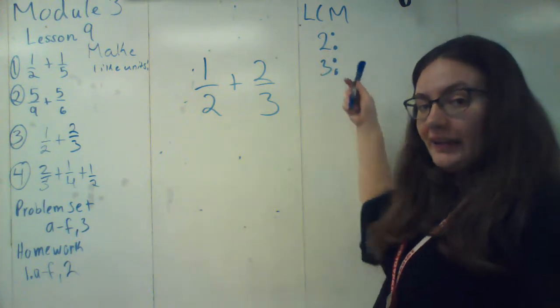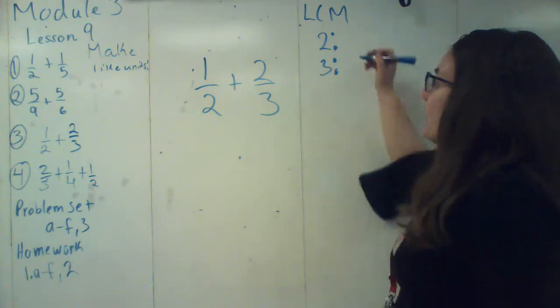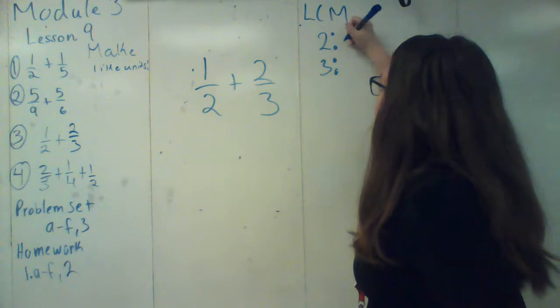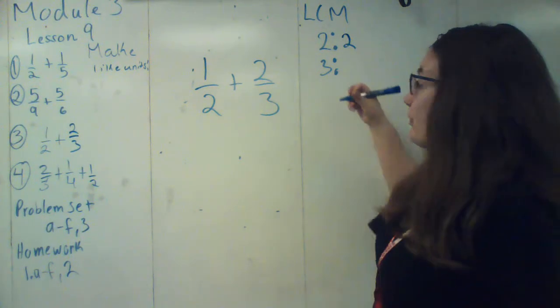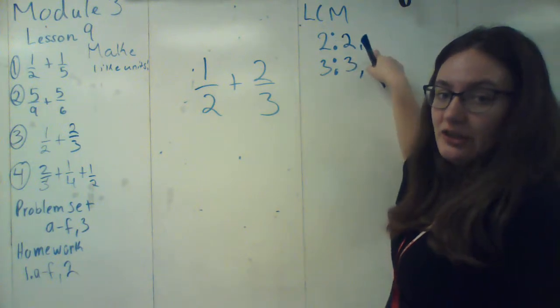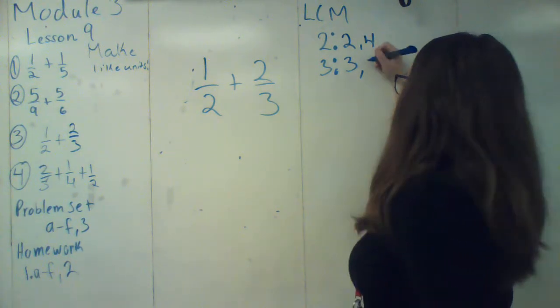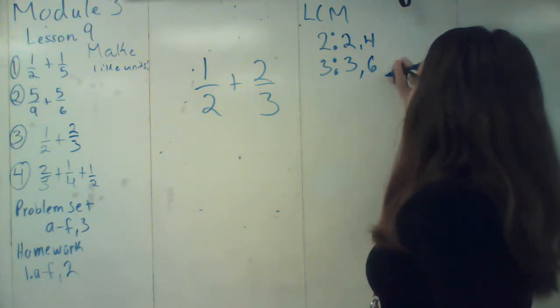For this one, I'm going to go back and forth until I find a least common multiple between these two. So I'll do 2 times 1, which is 2, and I'll do 3 times 1, which is 3. Then I'll move back up to this one. I'll do 2 times 2, which is 4, and then I'll do 3 times 2, which is 6.